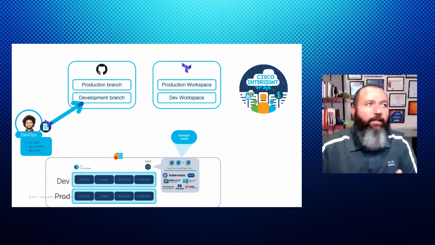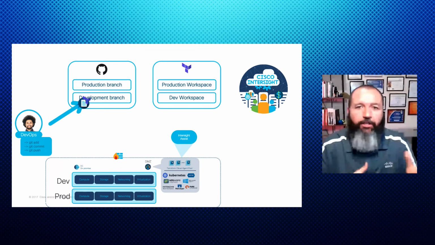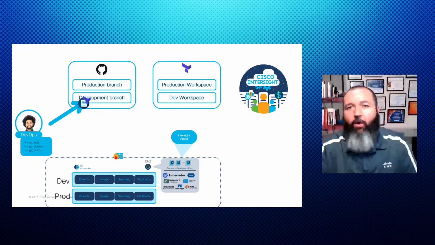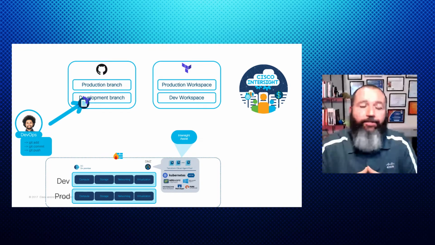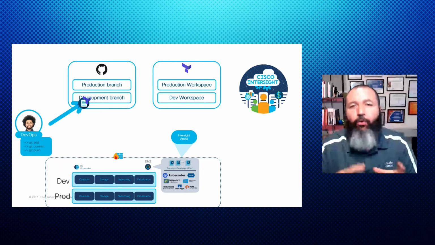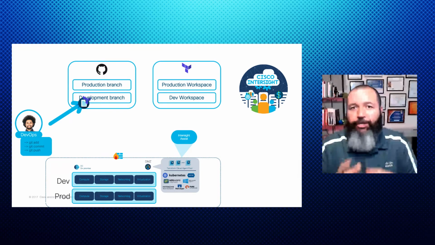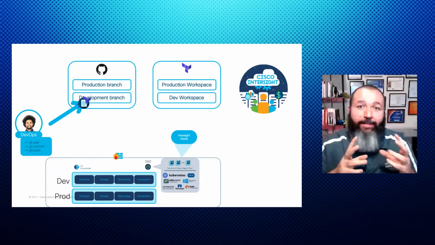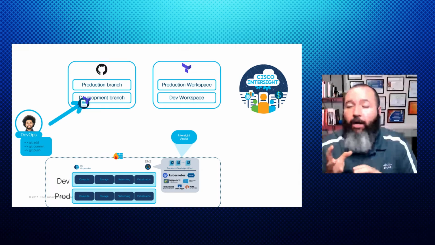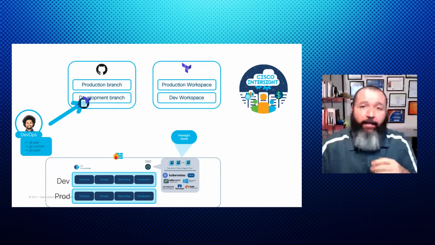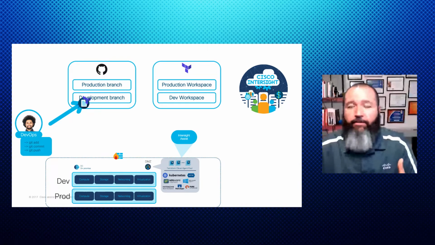As soon as he or she does the git push, the changes are synchronized to our GitHub repository. In this case, the DevOps team will only commit changes to the development branch, but not to the production branch. And we will see why this is important.